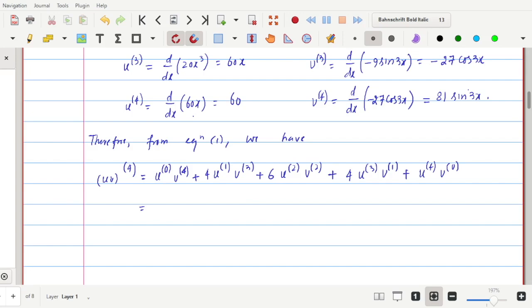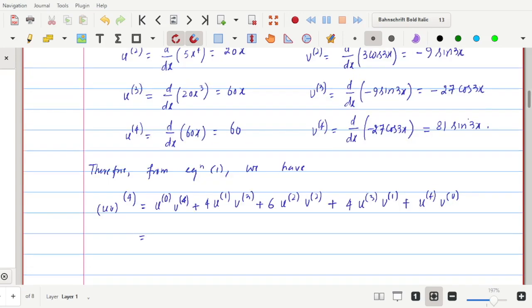Now substituting the values, u0 is equal to u, and u is equal to x power 5. Now the fourth derivative of v is 81 sin 3x, then plus 4 times the first derivative of u, that we have already computed as 5x power 4.